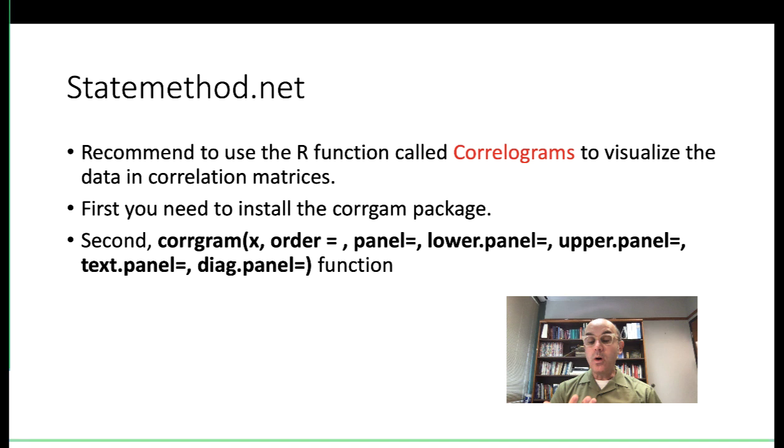Another methodology with regard to correlation is a function called corrgram to visualize data in a correlation matrix. And so the idea here is that you start with the establishment of the function itself, the program, and then you are trying to see what variable you are looking at, the X, and the order, and the panel, the lower panel, the upper panel, the text panel, and the diagonal panel as a function.